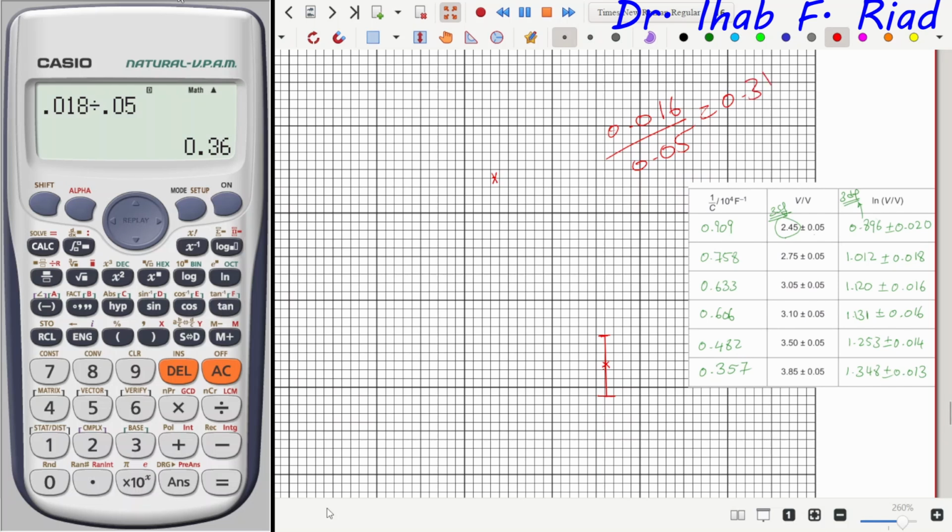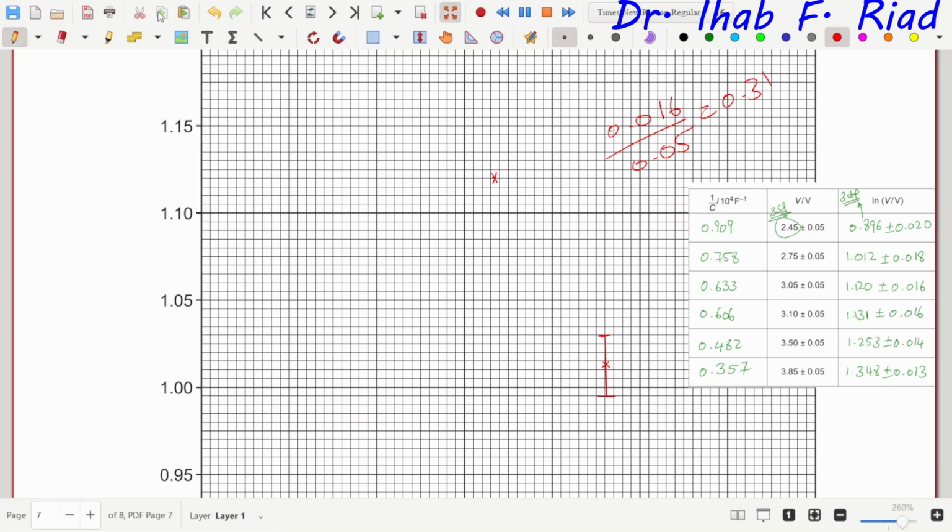0.016 divided by 0.05 is 0.32, almost there. So we count 3 squares up and 3 squares down. 1, 2, 3, and it is a little bit over here.